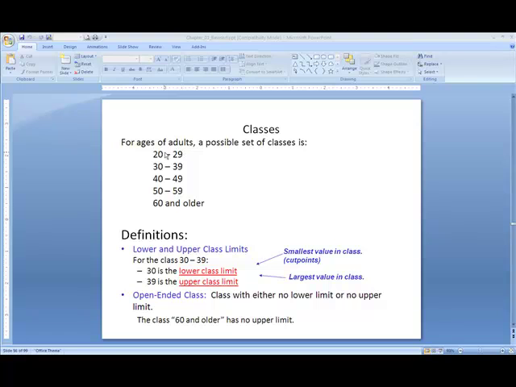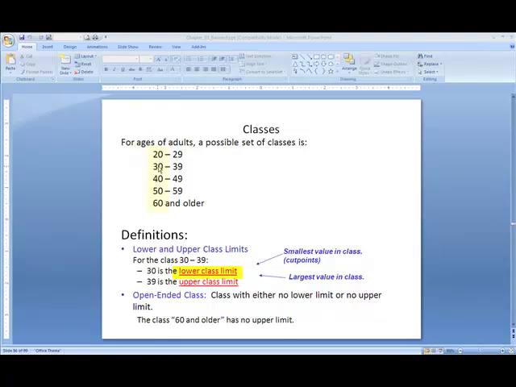We put all the numbers from age 20 to 29 in one class. So a person that's age 23 would go into this class. A person age 45 would go into the third class. So we could then group them together, and the heights of our bars would be how many people were in that certain age group or class that we created.